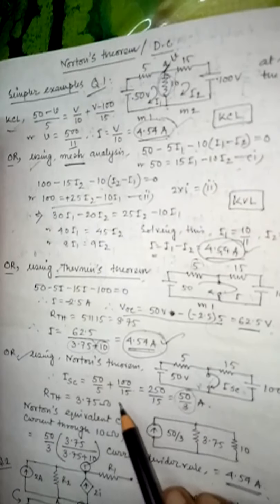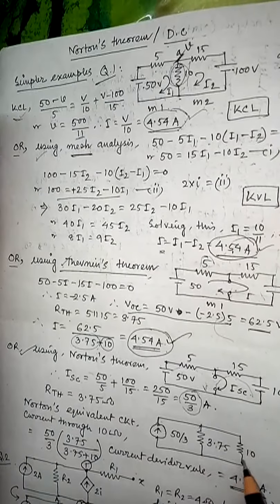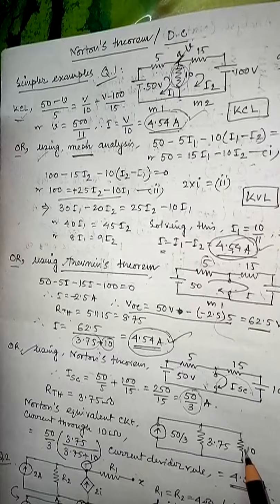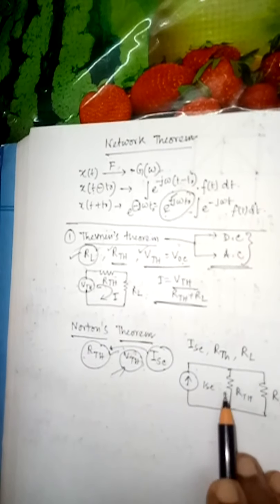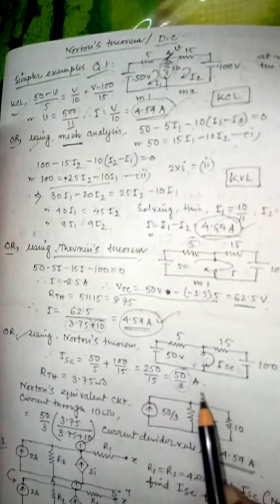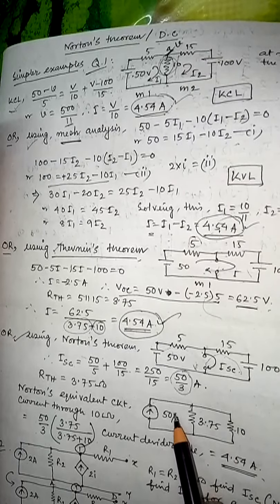And the RTH is already known to you from the previous example. So what is the Norton's equivalent circuit? This is 3.75 and 10, they are parallel to each other. As I have shown to you, these are obviously parallel to each other, RTH and R. So in the same way, here I have just put 3.75 and 10, and the current source is given.